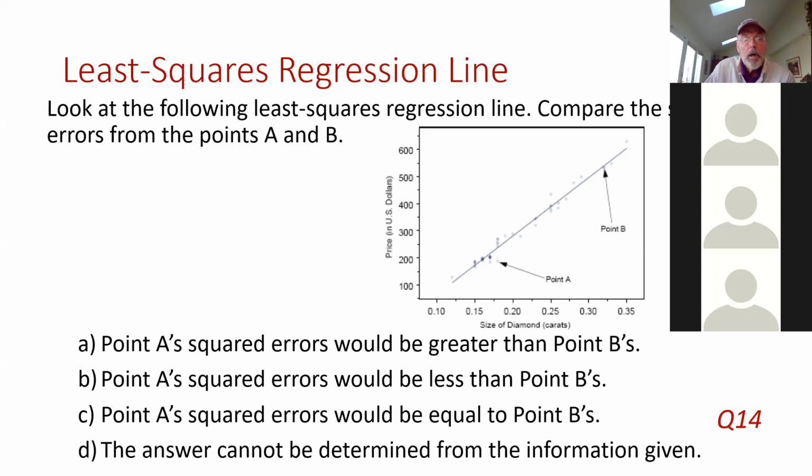So the square of the point A and B, it's going to be equal to A, all right? Questions?